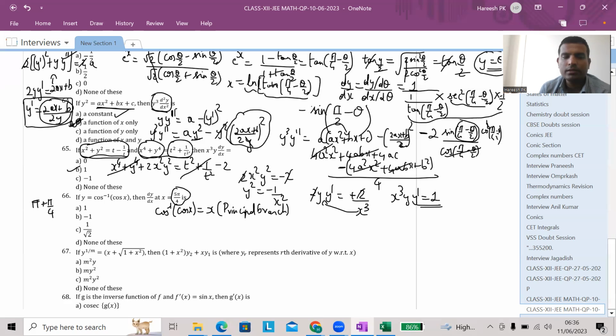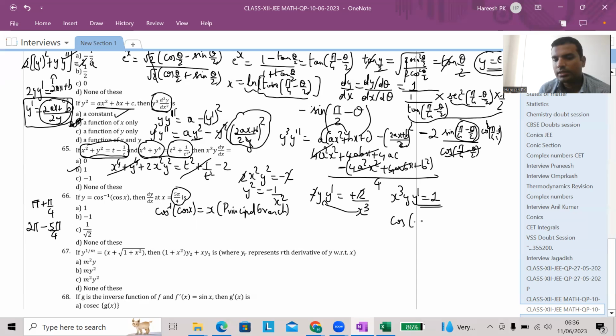Now how do I make this go to the second quadrant? So all I have to do is, instead of phi pi by 4, write it as 2 pi minus phi pi by 4, because we know that cos theta is equal to cos of minus theta, right?